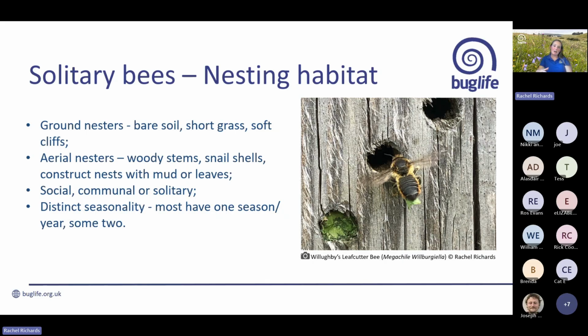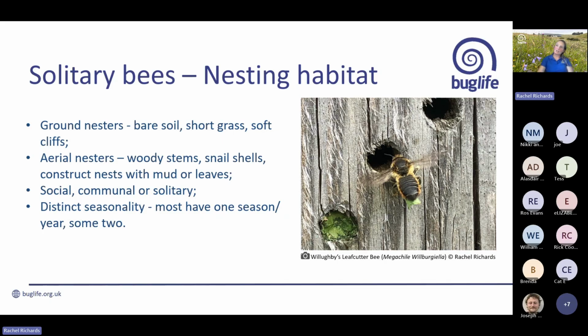Many solitary bees have different seasons. You get species that come out in the spring, species that come out in the summer, species that are late in the summer, often timed with the plants that they feed from. And some where you have a spring generation and a later summer generation, and they actually have slightly different colour forms as well.